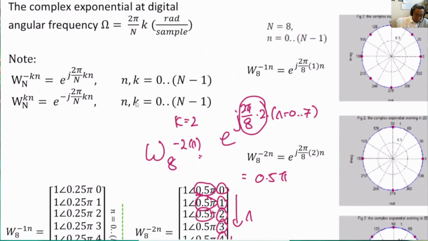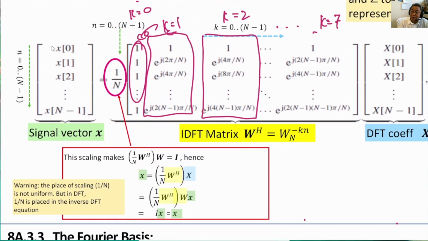Well, if you substitute into this equation over here and set k equals 0, it's 0 multiplied by n, so of course this is 0, and any value of n doesn't matter because it will end up with 0, and therefore e^{j0} is 1. So it doesn't matter what n is, you'll get 1, and hence the first column is all 1. So remember, I will always use index from 0. So this is the 0th column, first column, second column, until the N minus 1 column.